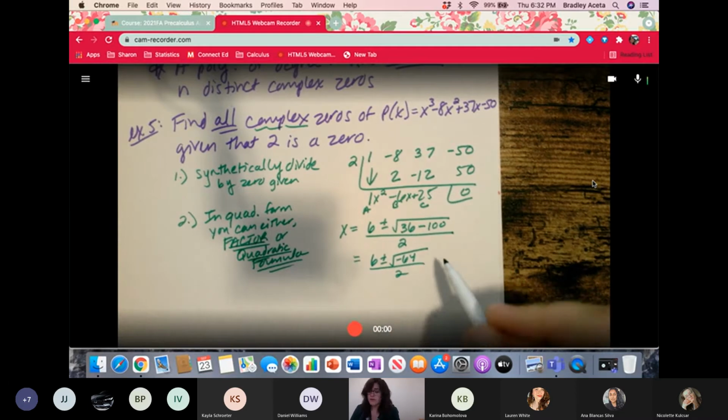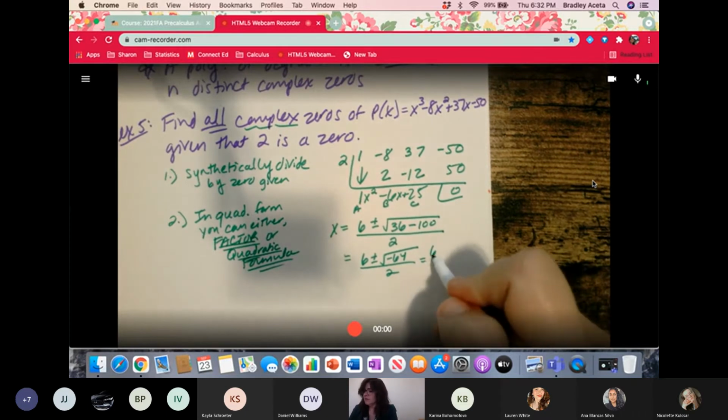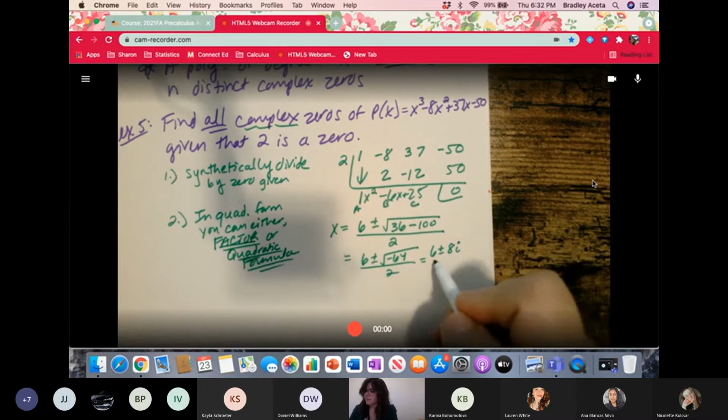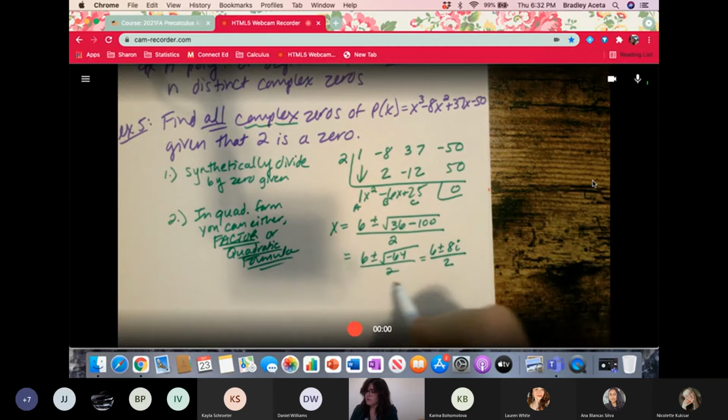Negative 64 is a perfect i. So let's see, that'd be 6 plus or minus 8i divided by 2. And then that reduces to 3 plus or minus 4i.